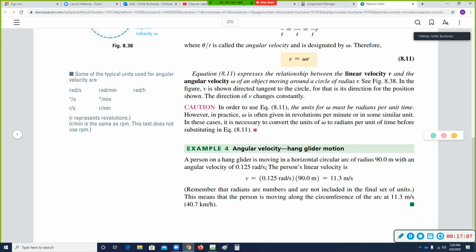The person's linear velocity is, all I have to do is multiply that angular velocity in radian measure per second by the radius, and that gives me linear velocity. That's pretty cool. If this were measured in degrees per second, it wouldn't be as natural, and we'd have to convert and do something else in order to get there.